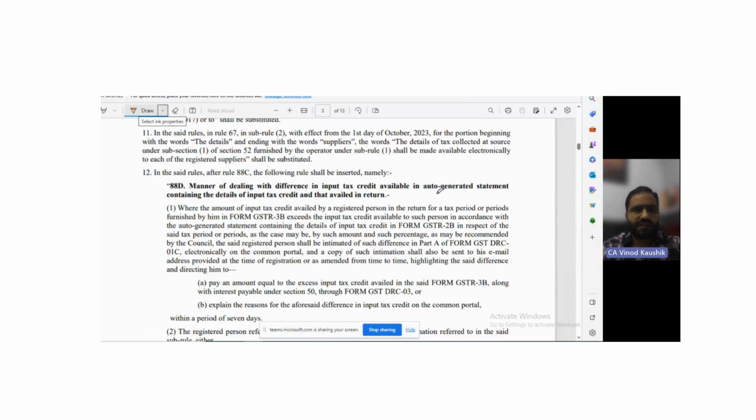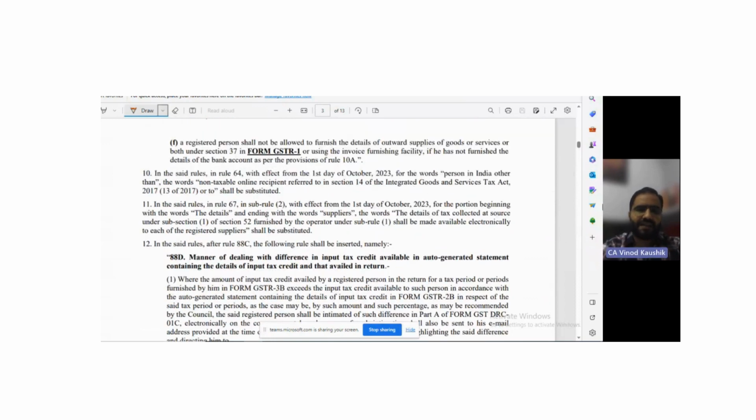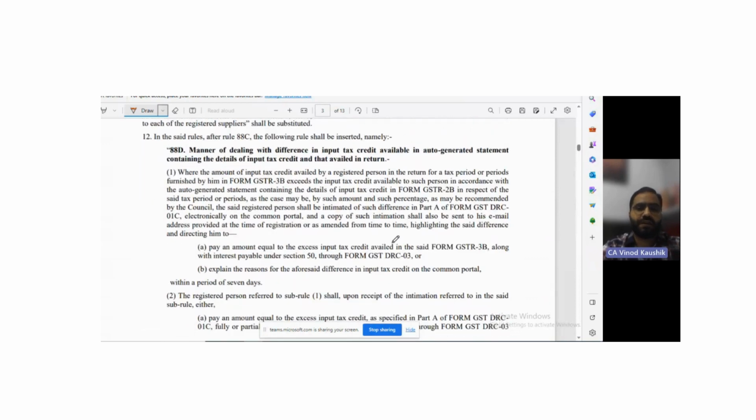In various rules in the same notification, a specific date is mentioned. You can see paragraph number 11, it says that in the said rules, rule number 67 will take effect from 1st day of October 2023.